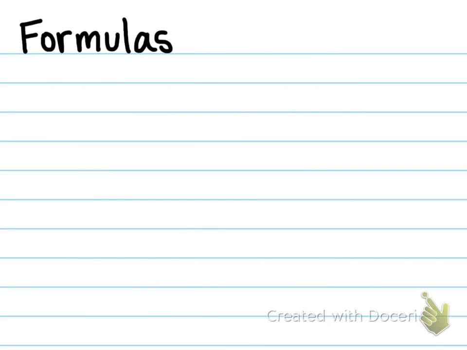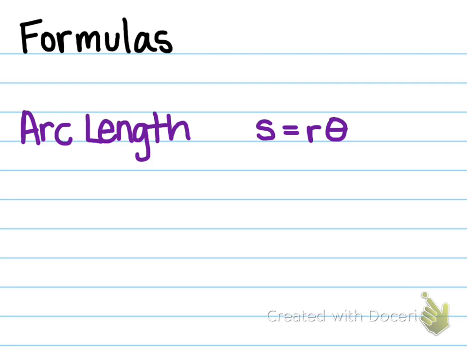Okay, so let's look at some useful formulas that we're going to use in this section. Starting with the arc length of a circle. If you remember from geometry, arc length is the length of an arc on a circle, like the crust of the pizza. So S, the arc length, equals the radius of the circle times the angle measure of the arc.